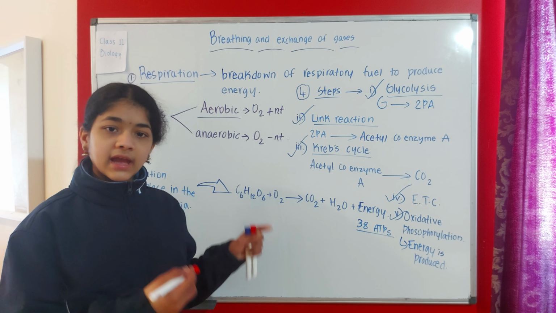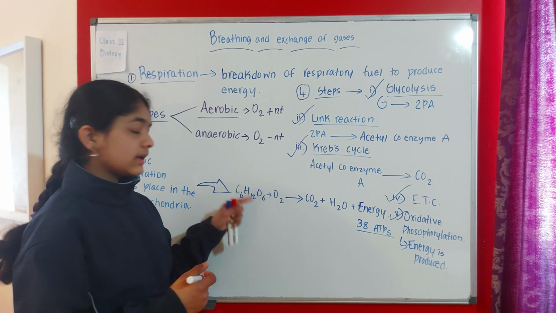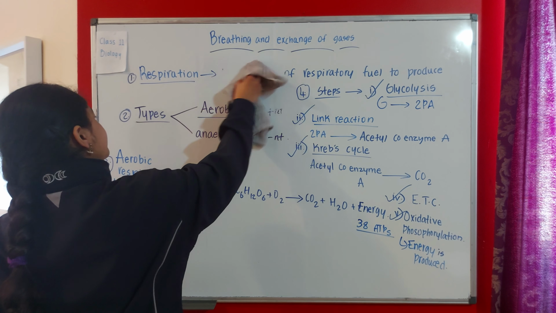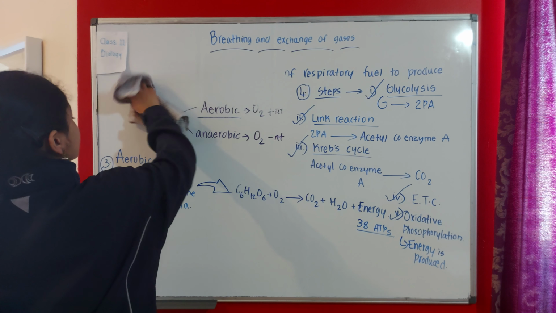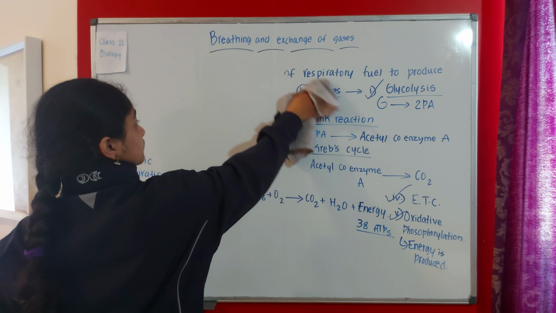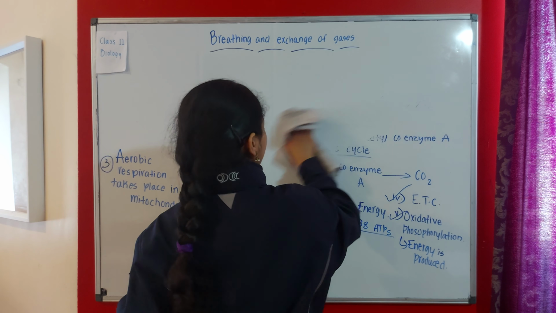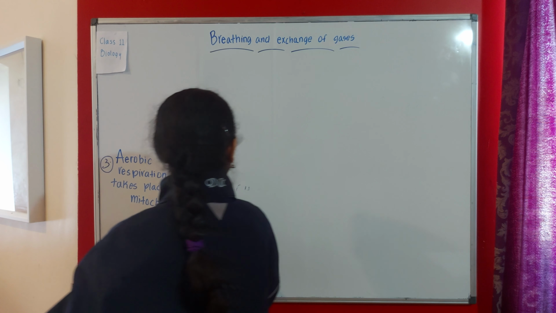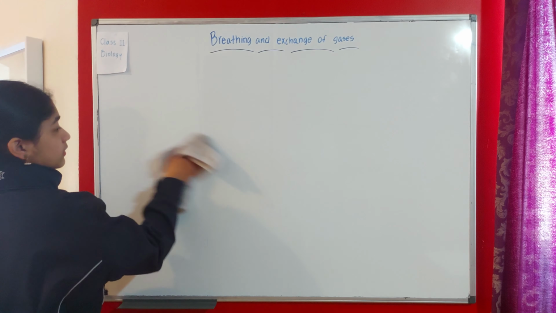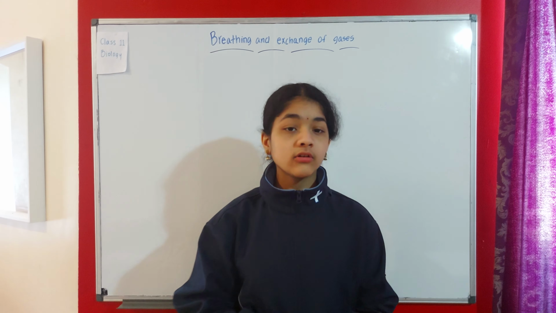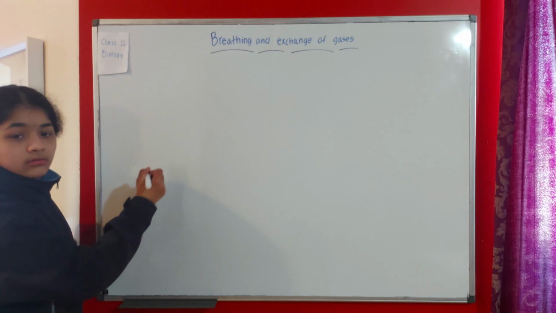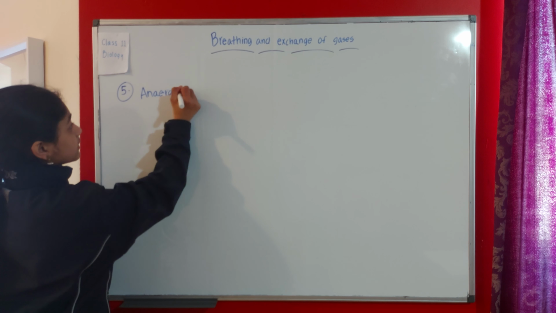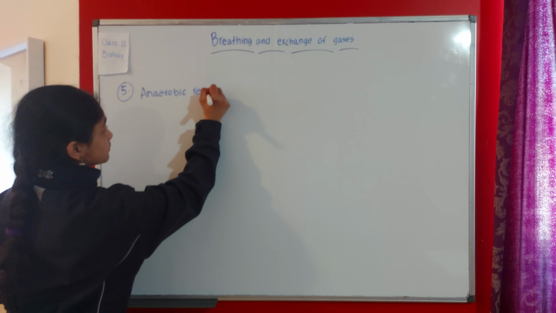So this is about the aerobic one, where oxygen is present in the process of respiration. Now we are going to take up anaerobic respiration and look at its equation.